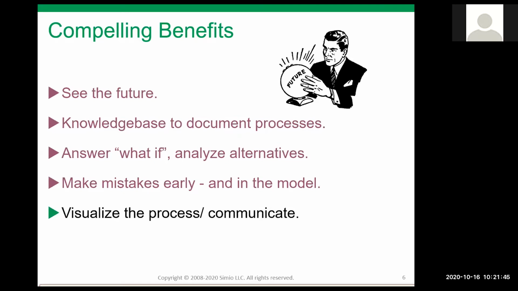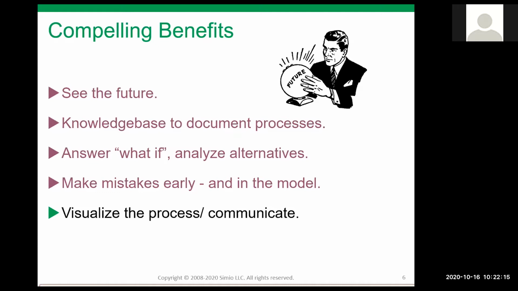It also gives you a way to visualize the process and communicate with each other. There are some people that relate well to a spreadsheet full of numbers, but I would guess most people don't. But when you look at an animation, you can do something like press a button and you'll make machine A fail. And you do that and you see all of the things that happen.